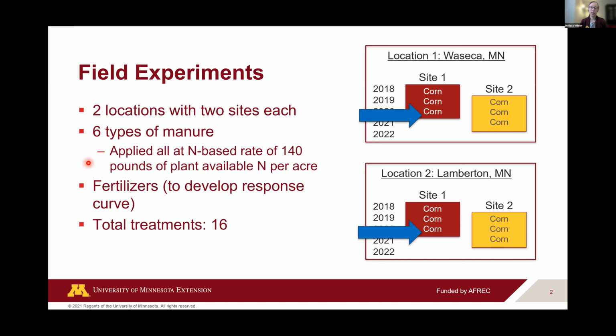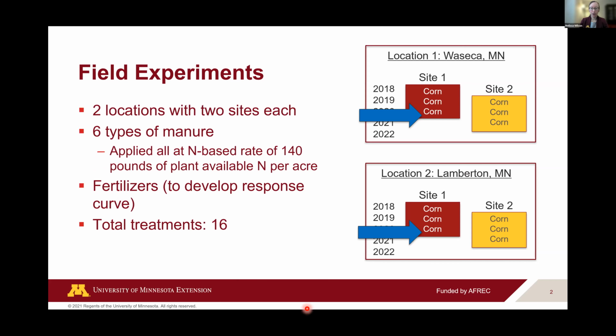And then we had separate fertilizer plots where for some of them, we just changed the nitrogen rate. So we had full phosphorus, full potassium, full sulfur, and we applied different nitrogen rates from 0 up to about 120% of current recommendations. And then for the phosphorus plots, we did the same thing, but with full nitrogen, full K, full S, and we applied from 0 up to 90 pounds of phosphorus.